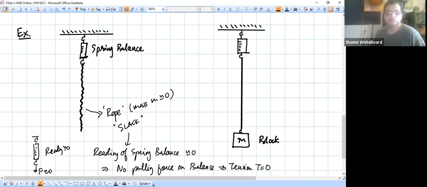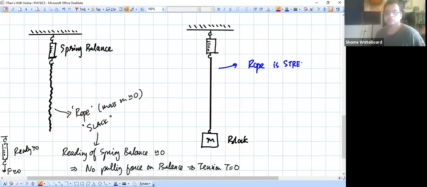So immediately what we will see is that the rope is stretched out, and develops tension T. So that tension is going to be pulling this hook down with some force T. Okay, that tension is going to be pulling this block up with some tension T.